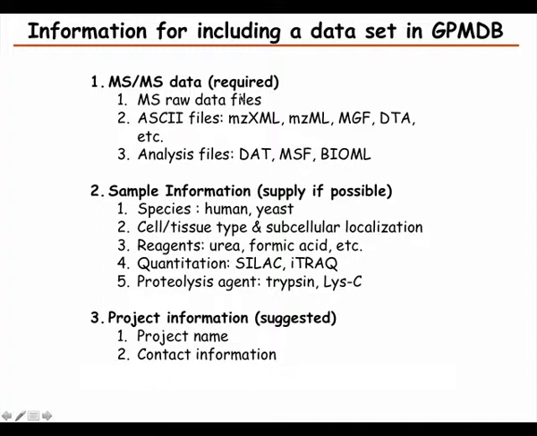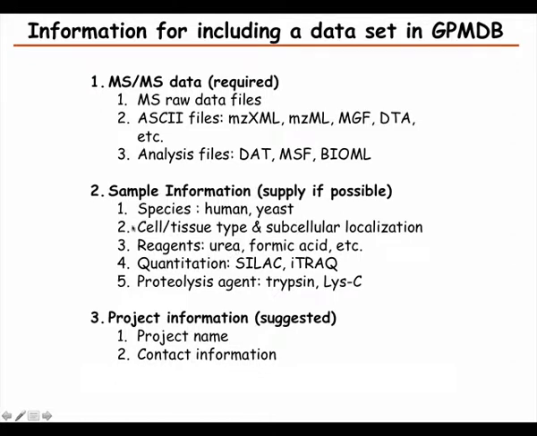So the main thing is the raw data files, or some other format of the data, and supplementary information only if it's possible to get it. It's usually good to know the species, but this can often be deduced from just testing different searches, at least for the most common species.